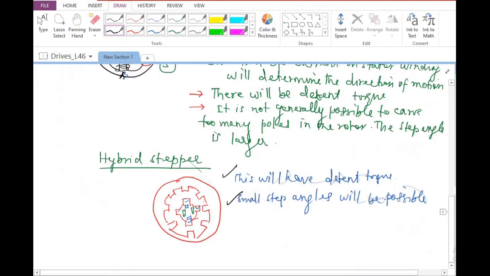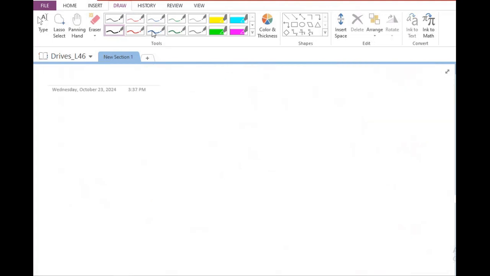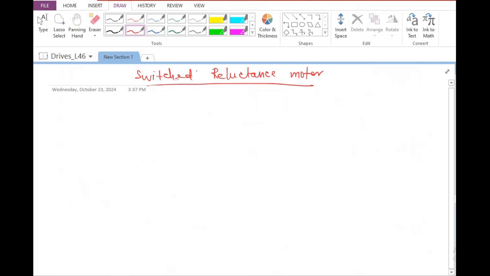Okay. So we will now go over to the switched reluctance motor. In a switched reluctance motor, what we are looking at is very, very similar to, as I told you, the variable reluctance single stack stepper motor.